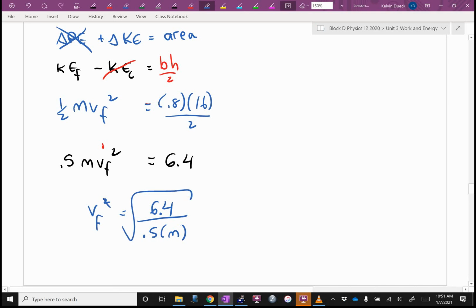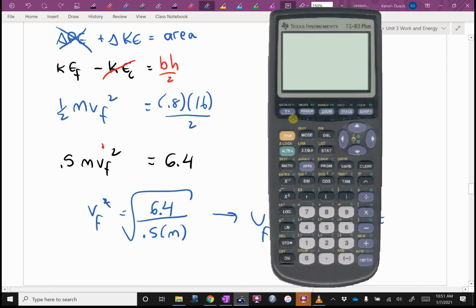Well, I've scrolled down. What was the mass as a number? The question must have told me, I hope. Sorry? Okay, so final speed is going to be the square root of 6.4 divided by 0.5 times 25. Square root.